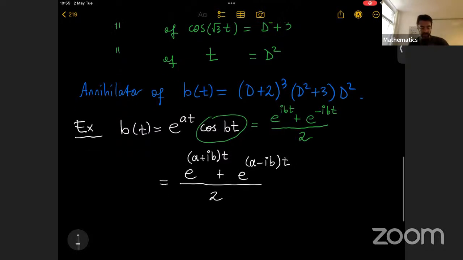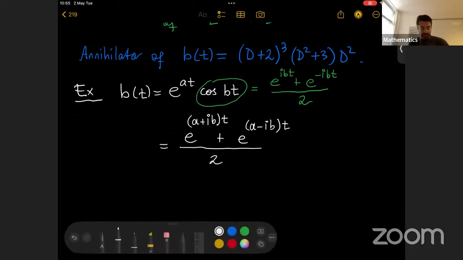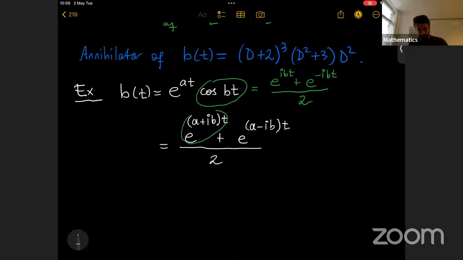We write it like this because we know the annihilator of e to the a plus I b t. So the annihilator for this one, let's call it L1 of D, is D minus a plus bi. This is the annihilator of the first function.